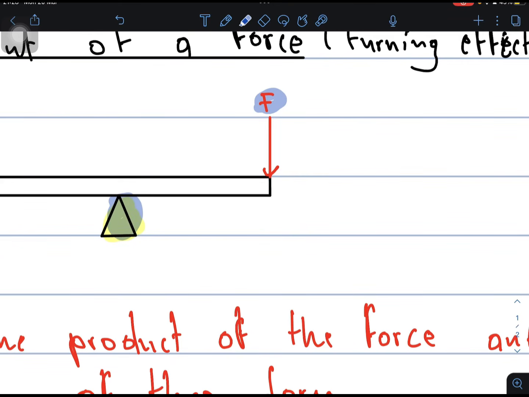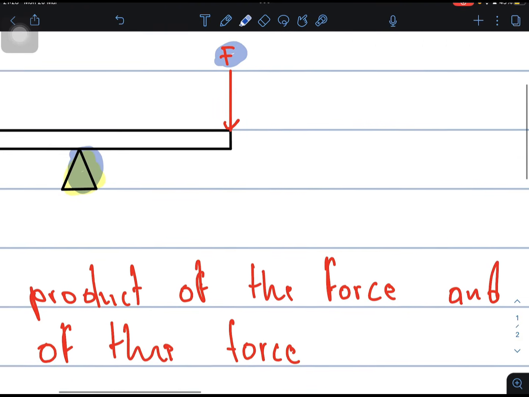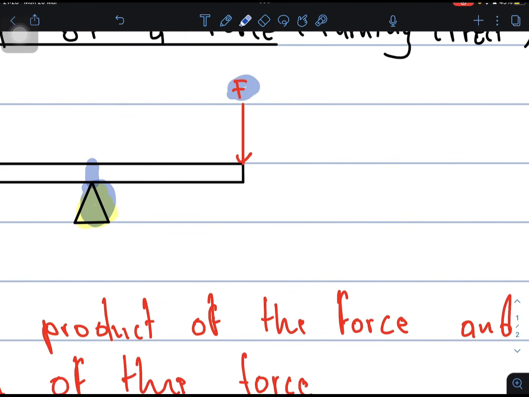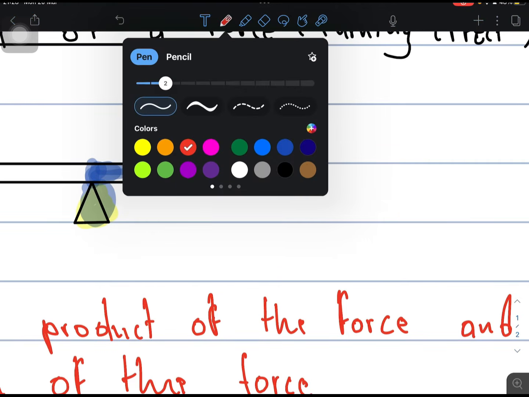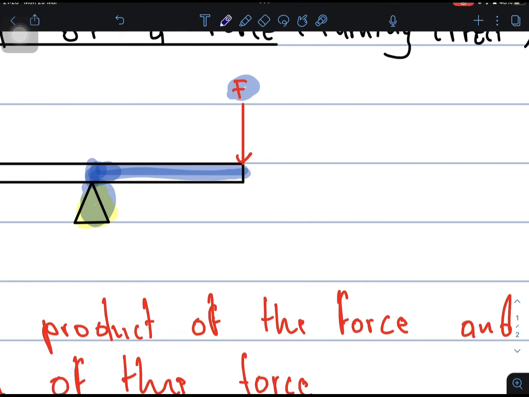And the perpendicular distance is from the turning point to the line of action of the force. Let us write this distance, from the turning point to the line of action of the force, as D.